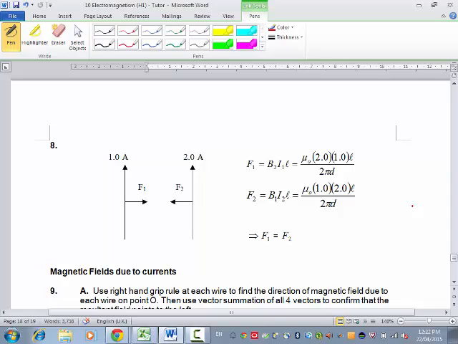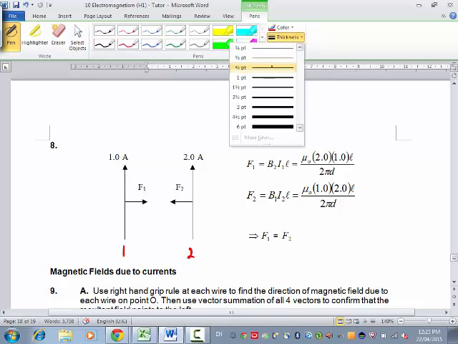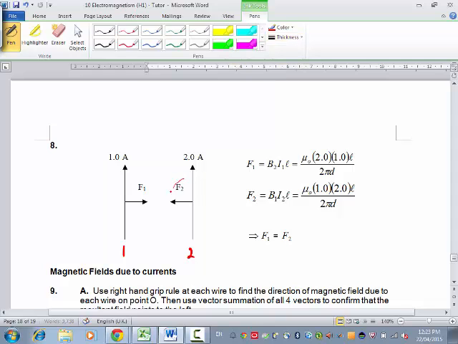Yes, you are right. So, this is wire 1, wire 2. Remember yesterday I drew the diagram, but now we're going to put in numbers. In this region, the magnetic field is into the page, due to wire 1. We call it B1.